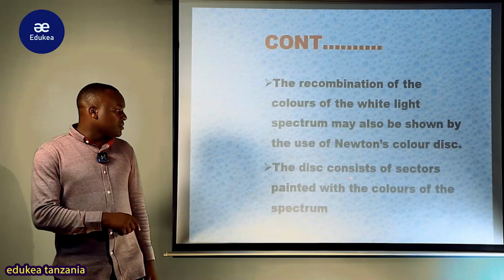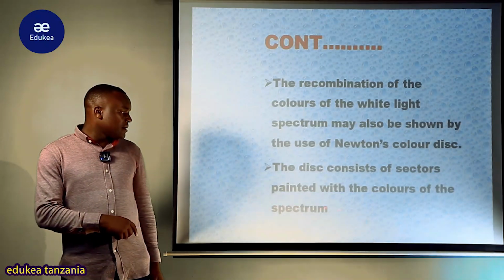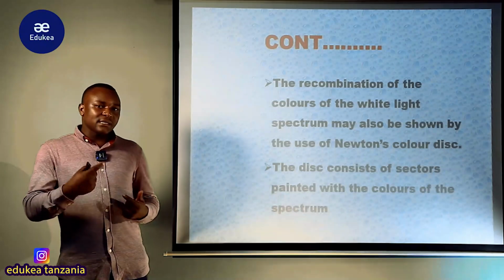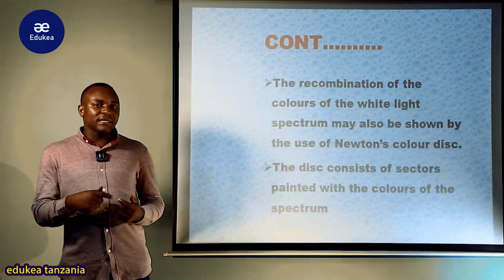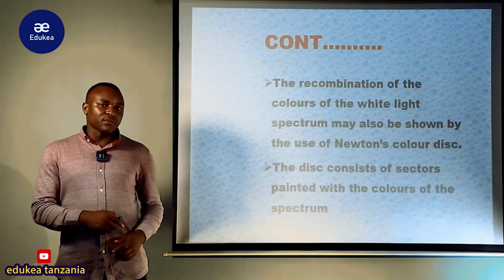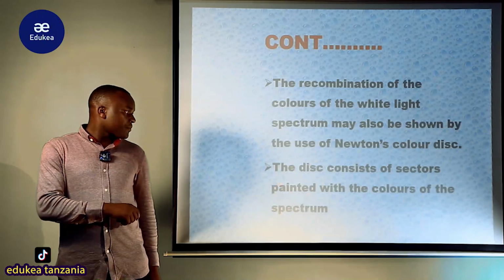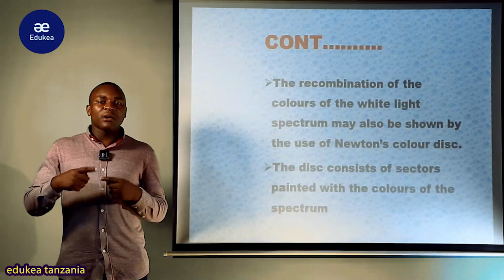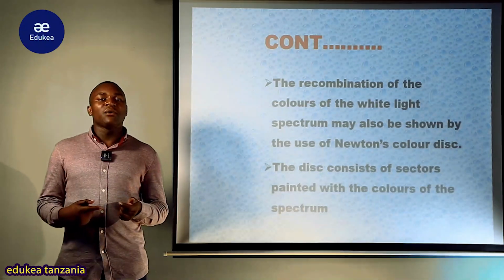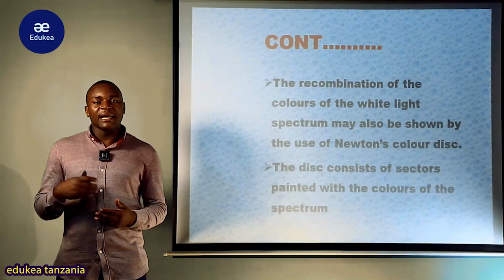Then we say the disk consists of sectors painted with the colors of the spectrum, kwamba hiyo disk imecontain sectors ambazo zimepakwa with the colors of the spectrum, zile colors zilizopo kwenye spectrum zimepakwa pale. So unapokuwa unaizungusha ile diski kwa nguvu, hautaziona tena zile rangi, utaona white light, kwamba hili ndio linaonyesha kwamba unaweza ukafanya recombination of zile colors ukapata a white color.